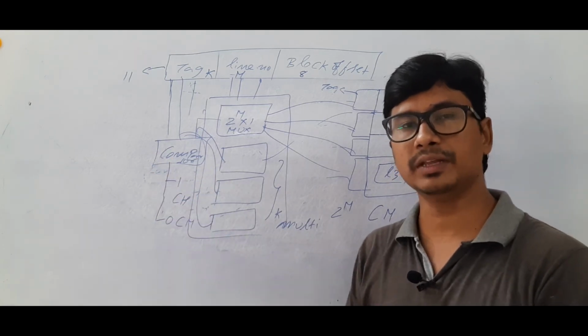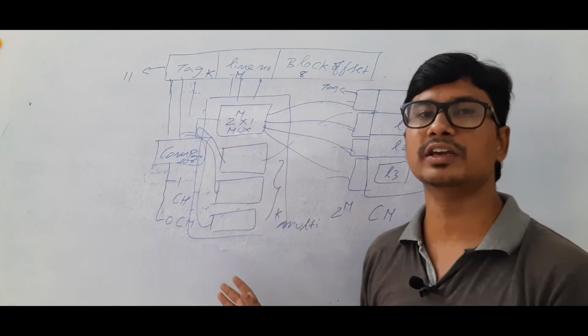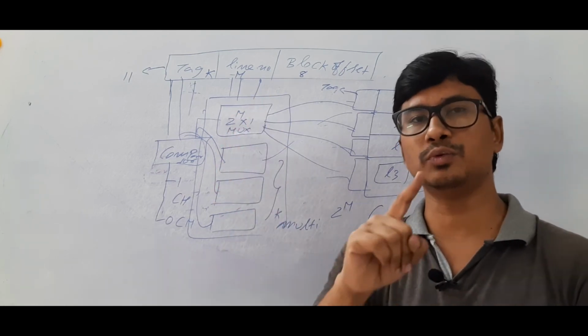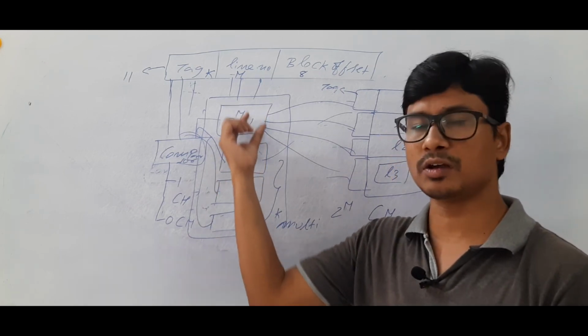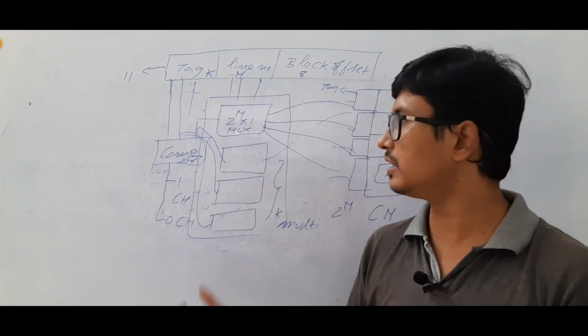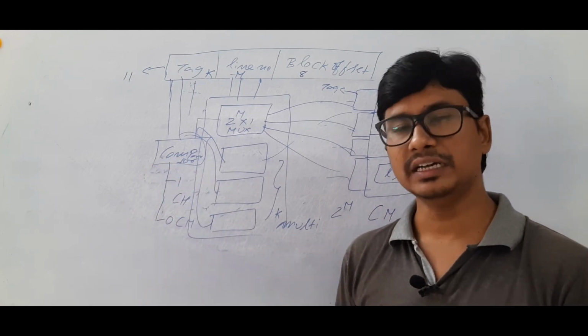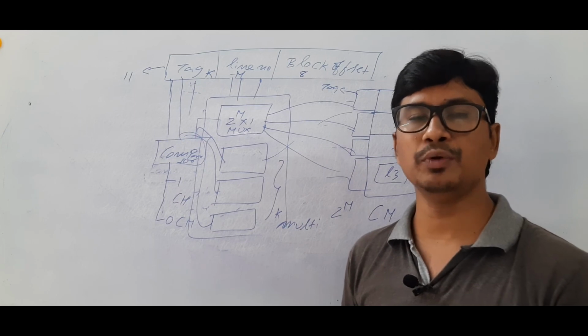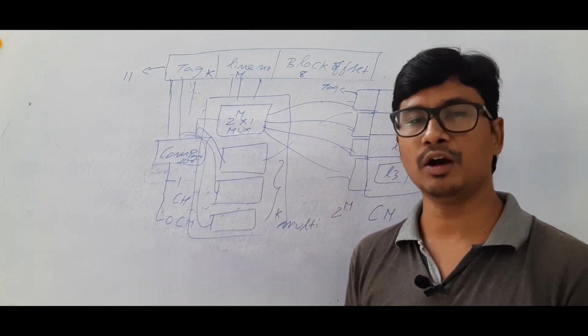You do not need to consider all the k multiplexers, only the delay of one multiplexer, because all of them work in parallel. If you add the delay of the comparator, then you will get the hit latency. So I hope you have understood the hardware circuit of direct mapping and how it is done.